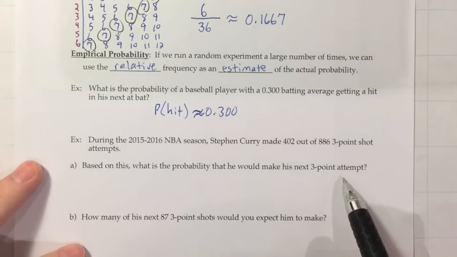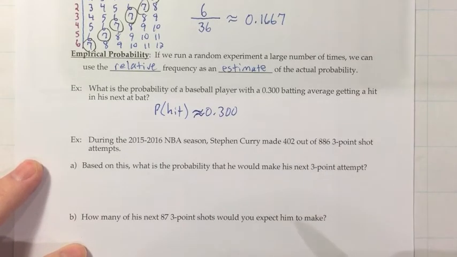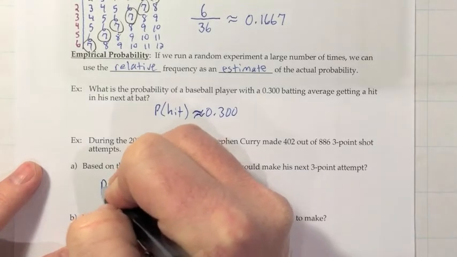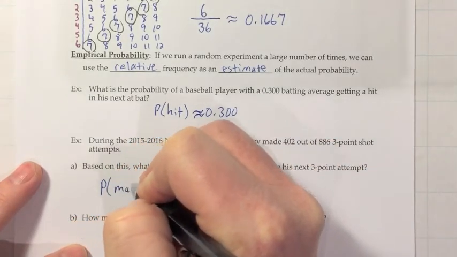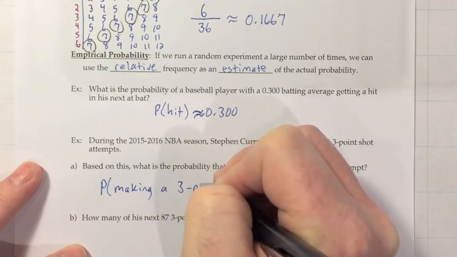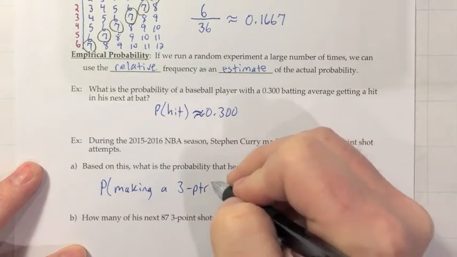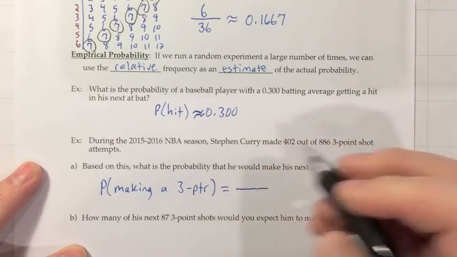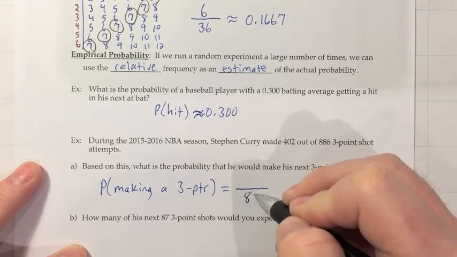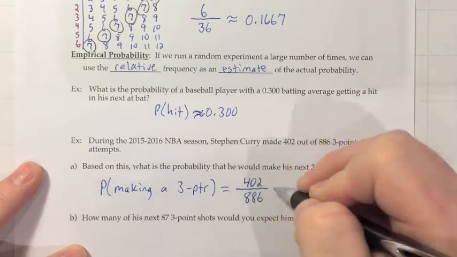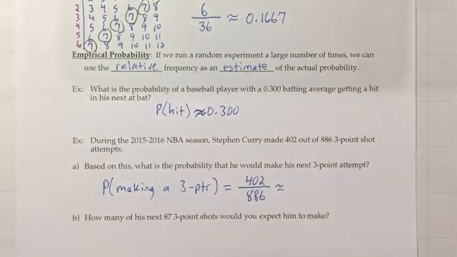So assuming that shot came at some point in time right after we had collected this data, our best estimate of the probability of him making a three-pointer would come from the relative frequency. So how many of those did he take in our data set? 886. How many of them did he make? 402. So what is the relative frequency?